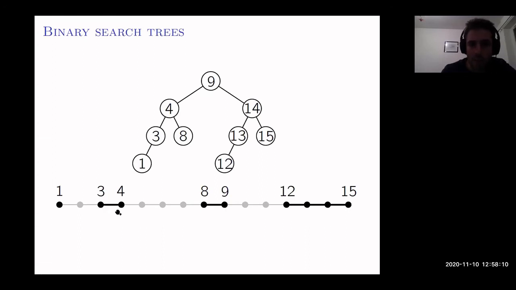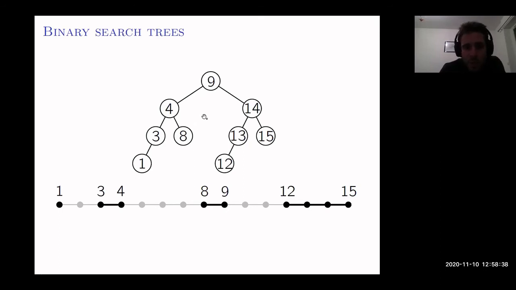What we're going to do is construct a binary search tree whose nodes are precisely the coordinates of the vertices of G on this path. So let me recall what a binary search tree is. A binary search tree is a binary tree, so it's rooted. The root is always at the top, whose nodes are integers, and that has the binary search tree property.